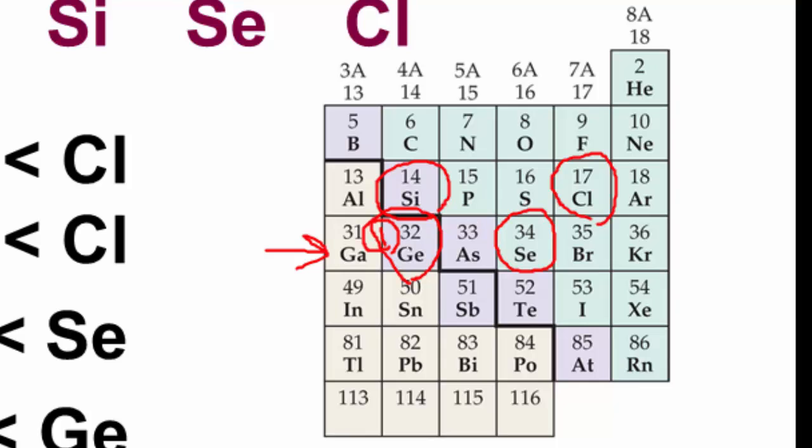So germanium is going to be number 1, selenium is going to be number 2, and then next we're going to look at silicon versus chlorine. Of these two, silicon should be much bigger, so silicon will be our number 3, and then the smallest one should be chlorine because it's got 17 protons, the same amount of shielding, and so that's going to be the smallest.